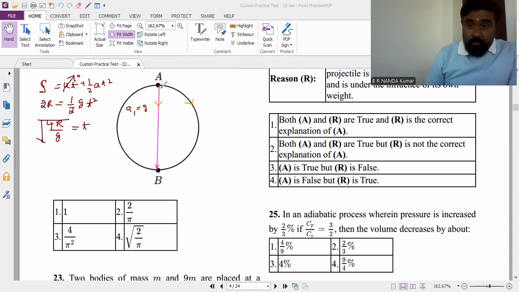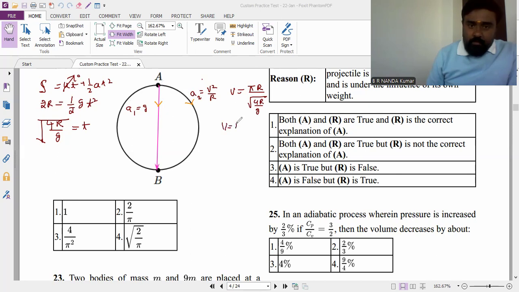So the time taken by the first particle to travel from A to B along this path, and the time taken by the second particle to travel along the semicircular path, are both the same. On the semicircular path it requires centripetal acceleration, which is v squared by r. Here v is the distance covered, half of the circumference pi r, divided by the time taken, root 4r by g.